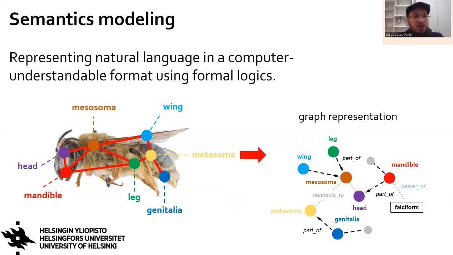So here to the right, you can see, for example, the mandible that is part of the head. Head connects to mesosoma. Mandible has some quality that is falciform, indicated in this box. So the key is that anatomical concepts, their relations, and the qualities are all well defined using formal logic. This makes anatomical data computable. So computers can do inference and can find meaning in free text language.